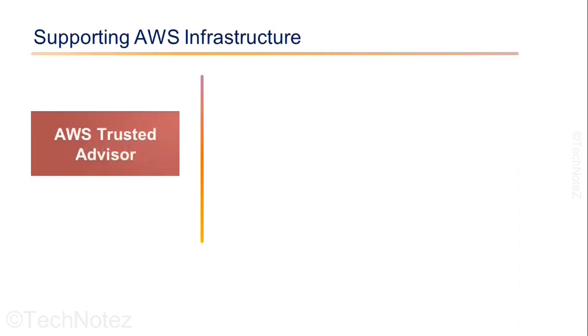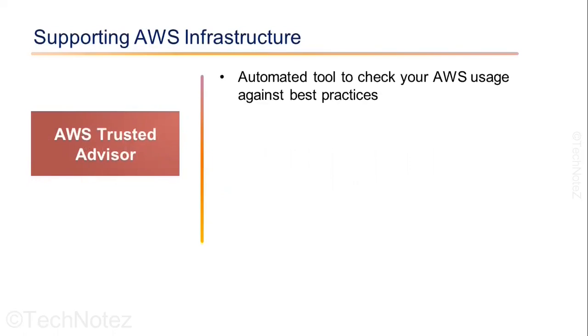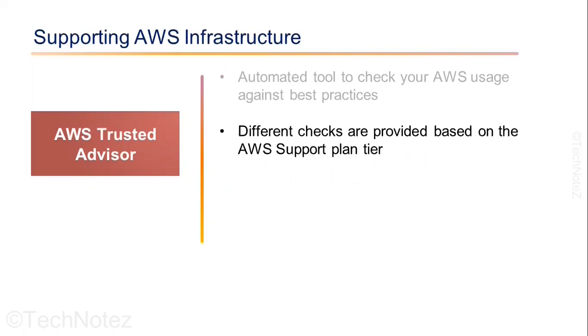Let's talk about the AWS Trusted Advisor. AWS Trusted Advisor helps you to optimize your use of AWS services. It's an automated tool to check your AWS usage against best practices. It checks your AWS infrastructure for potential issues and provides recommendations for improvement. It examines your security, performance, and cost efficiency settings and alerts you if there are any issues or if you could be saving some money.